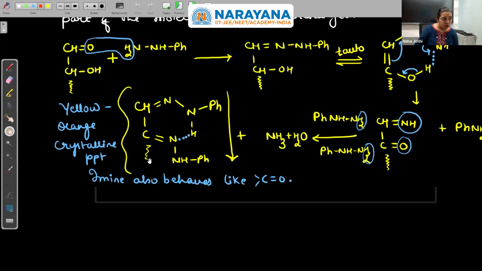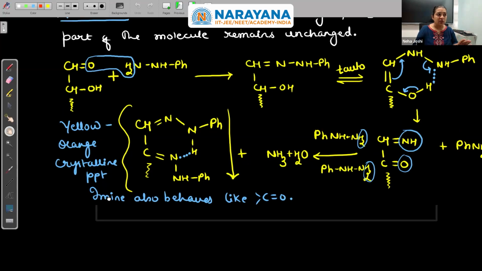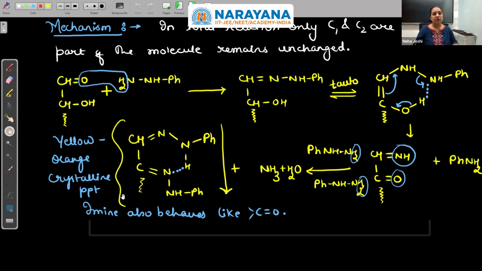The reaction could have proceeded further at other alpha hydroxy centers, but once these two centers have reacted and the osazone is formed, it is a yellow, orange, crystalline precipitate, so it goes out of the medium and further phenylhydrazine has no impact on the rest of the carbonyl centers.